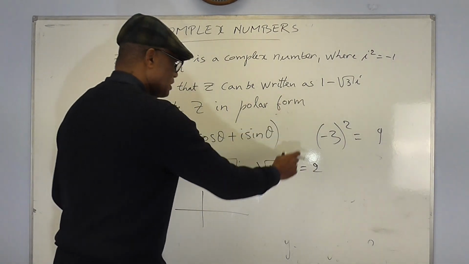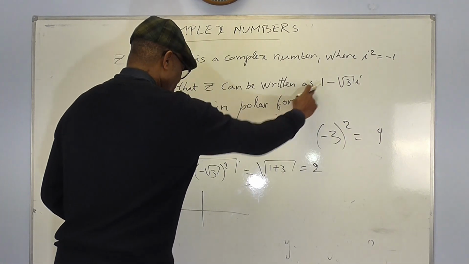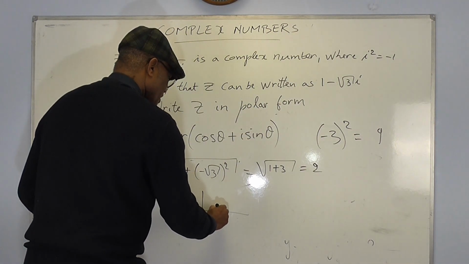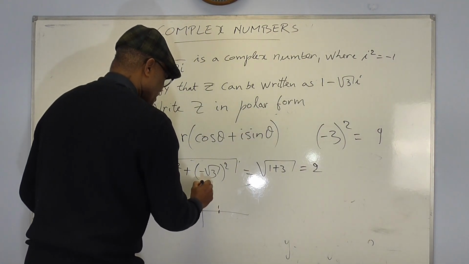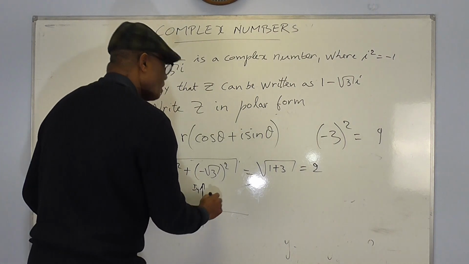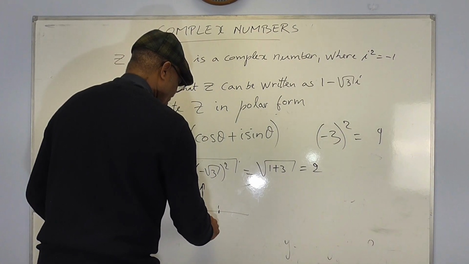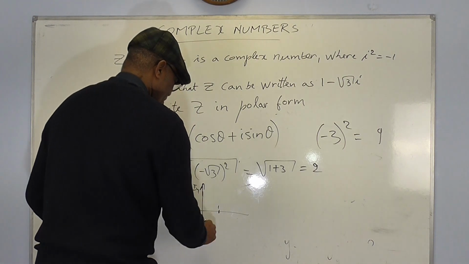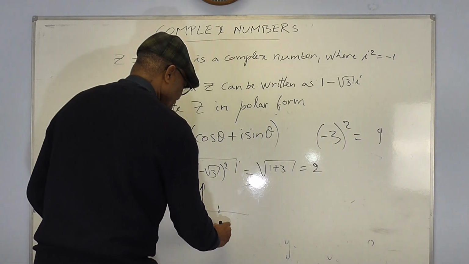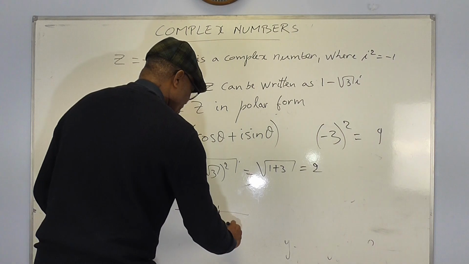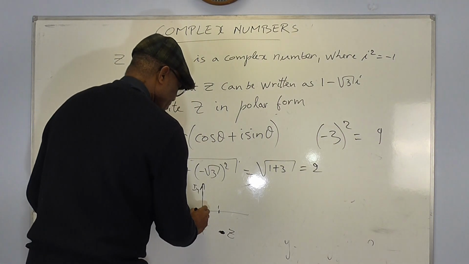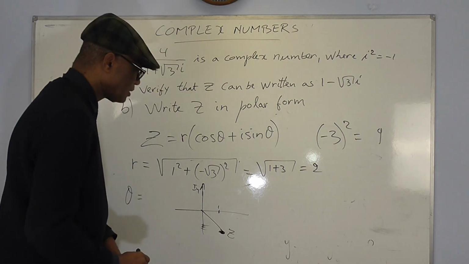This is the real part, the real part is 1, and this is the imaginary part. It is negative, so it is somewhere here. Z is there.